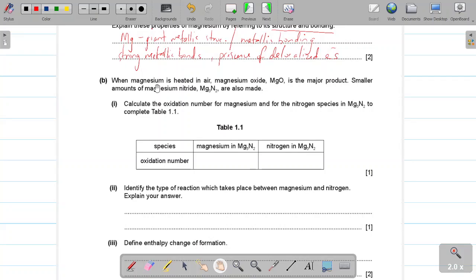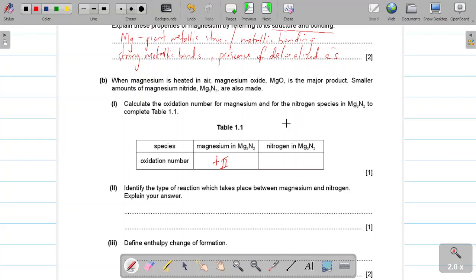They say when magnesium is heated in air, magnesium oxide is the major product. Smaller amounts of magnesium nitride are also made. Calculate the oxidation number of magnesium and of the nitrogen species in magnesium nitride to complete table 1.1. So for the oxidation number of magnesium in magnesium nitride, magnesium is a group 2 element, so its oxidation state will be +2.